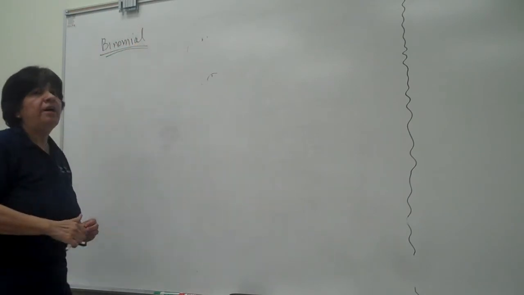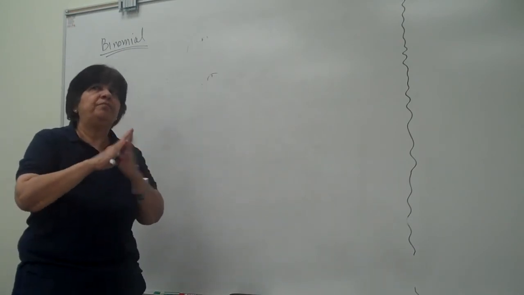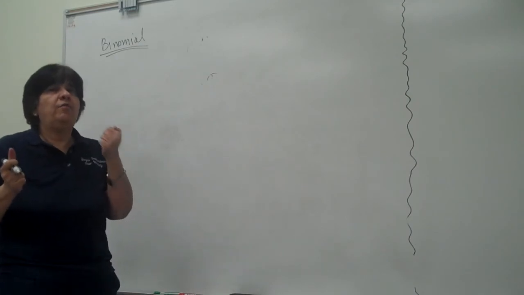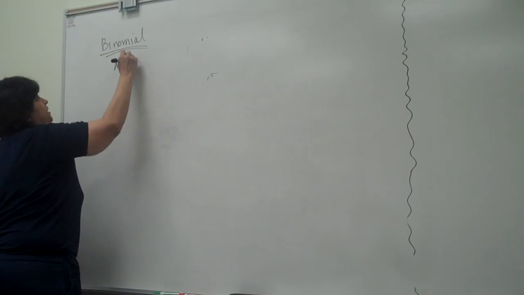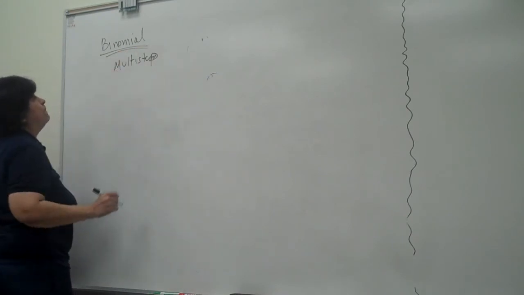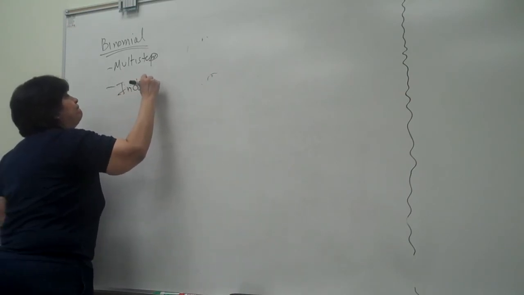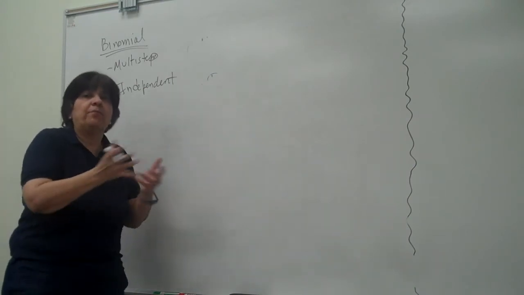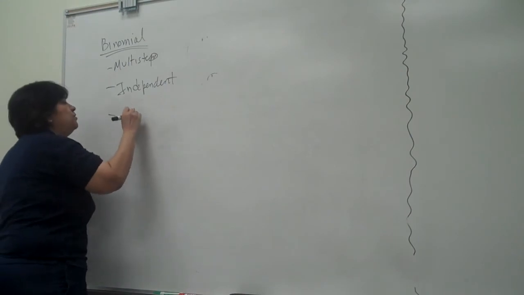It is called binomial distribution because we have two possible outcomes. We have a multi-step experiment. Each one of these steps is independent from the previous. And in each step we have two possible outcomes.